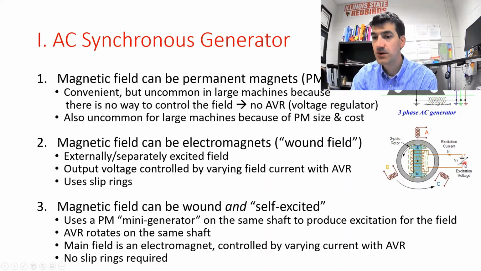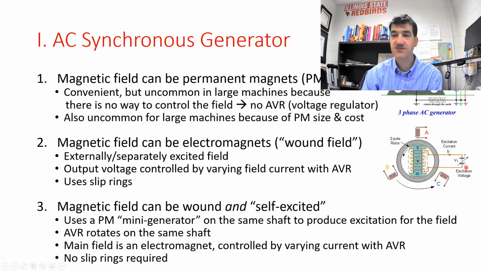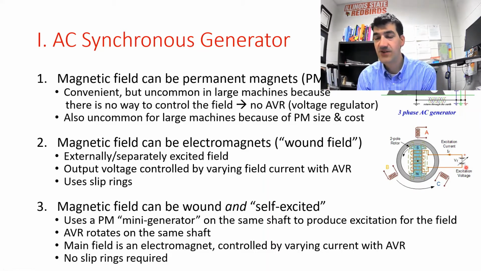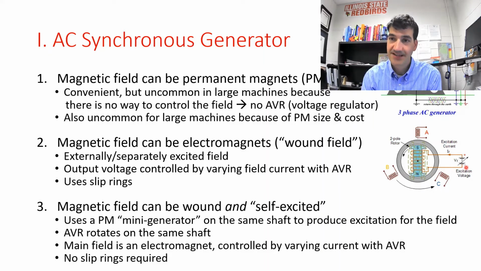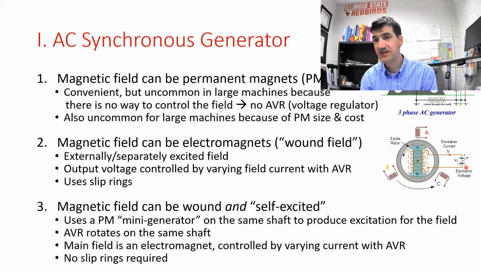So now we have to apply a voltage to get a current to go through this electromagnet. And of course, to get the current applied to the rotor to create the magnetic field, we have to have brushes and slip rings. So that's somewhat inconvenient. Now you've got brushes and slip rings to deal with.